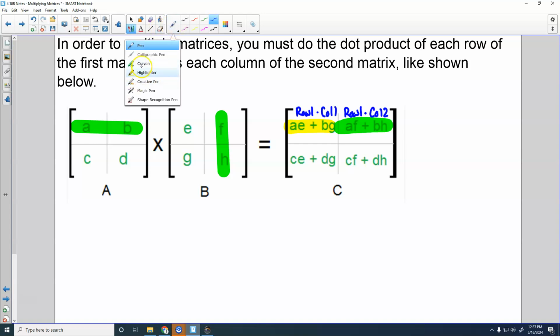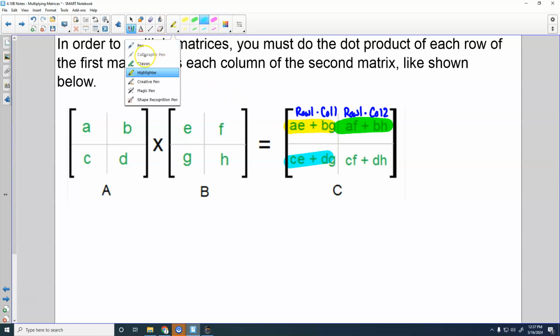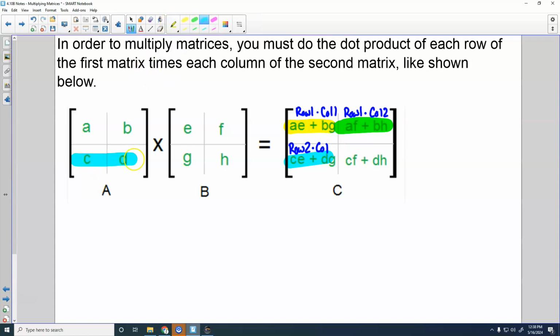And if we keep on with this, let's use a different color here. For this spot right here, that is row 2 and column 1. So that means we would be multiplying the second row times the first column here.